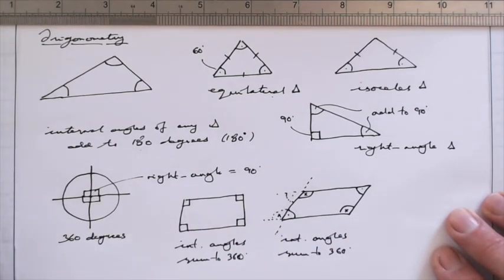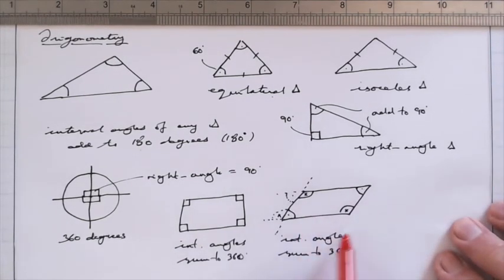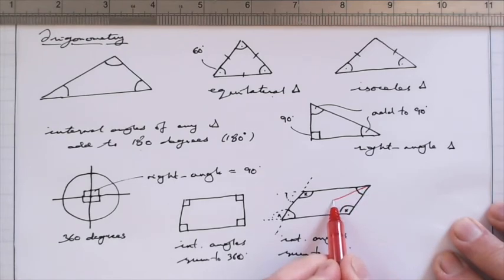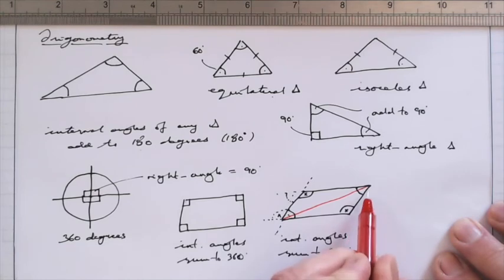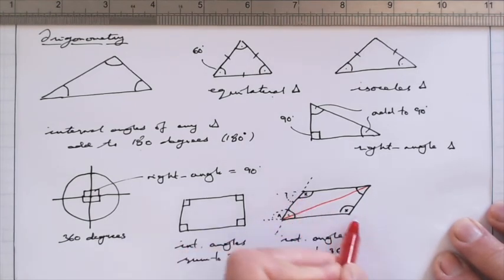And now we're done, because if you are happy that the internal angles of a parallelogram add up to 360 degrees, I can make an arbitrary triangle now by just cutting through as a diagonal there, and I just have some triangle here, or I could have gone through the other way.